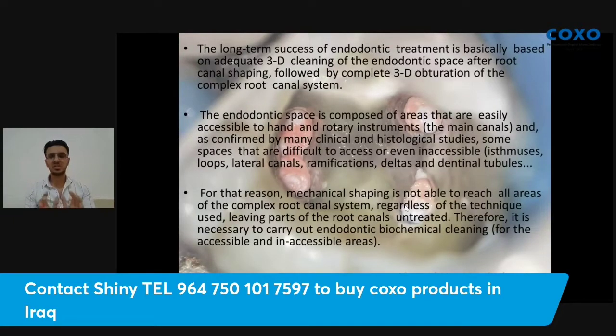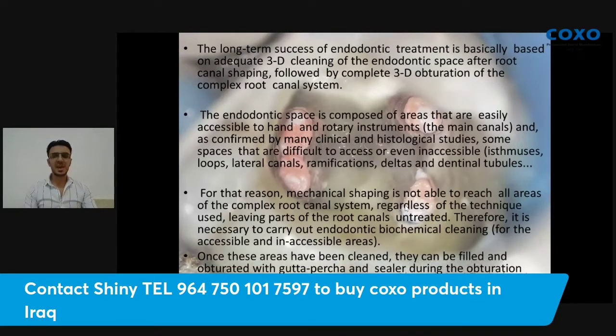So in endodontics we have accessible canal walls and inaccessible canal walls or areas. We should clean all of these areas to get a perfect 3D cleaning, and after that we do a perfect 3D obturation.